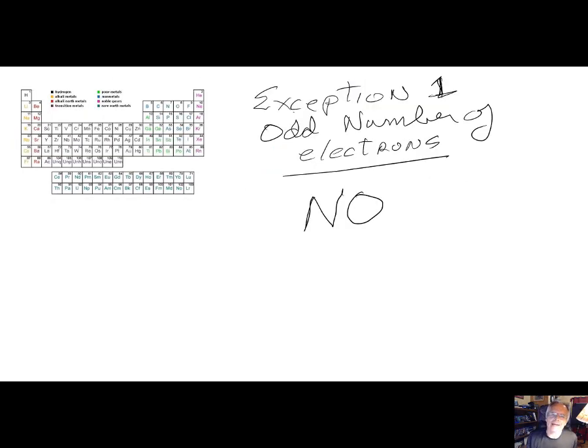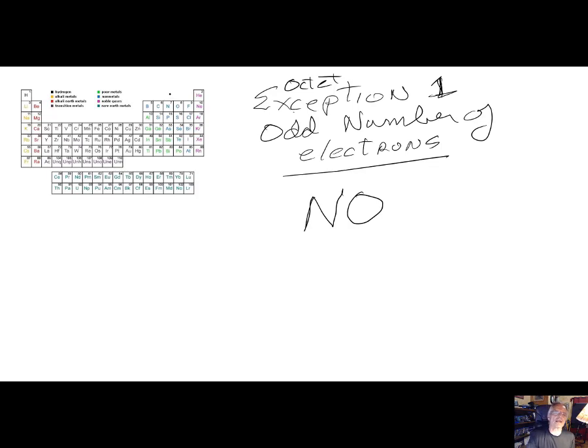Okay, let's look at exceptions to the octet rule. There are three big exceptions that we'll deal with. The first exception we'll look at is odd numbers of electrons. This is nitric oxide, a very important molecule in biology.